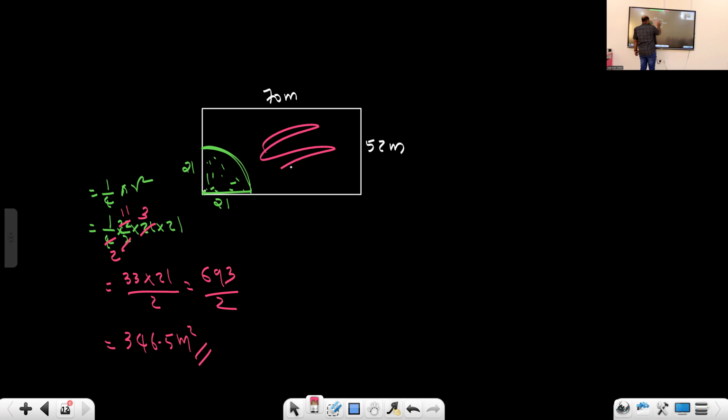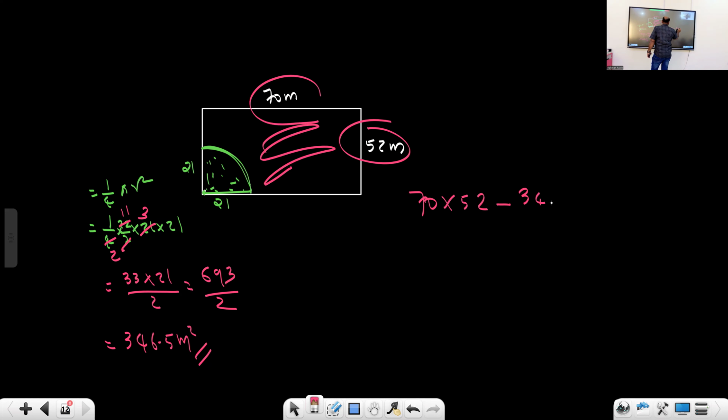Ungrazed area means the rectangle area minus the grazed area 346.5. Multiply then subtract. 70 into 52 is 3640. Am I right? 3640 minus 346.5. How much? 3293.5.